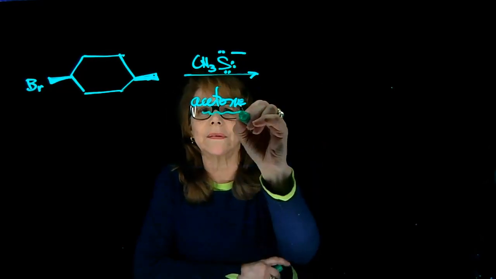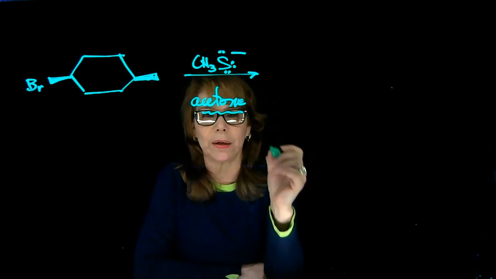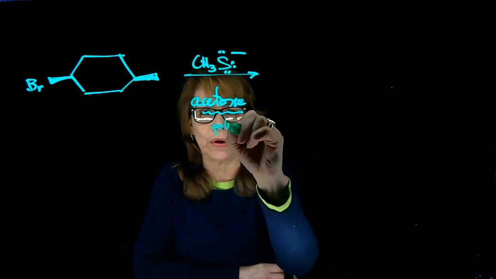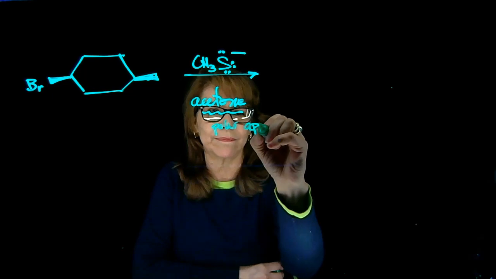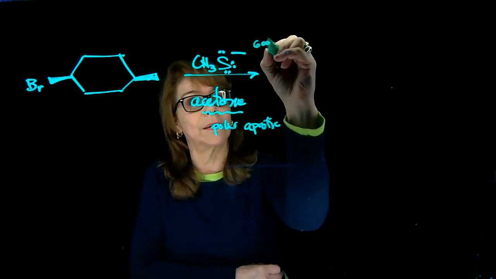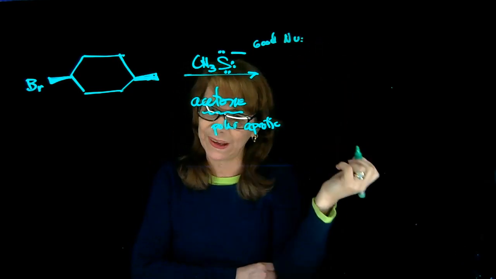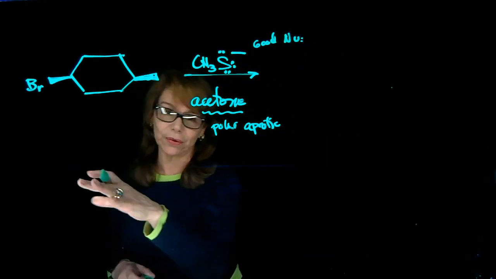Also, we see here acetone, that is polar aprotic. So let's write that down, polar aprotic. And here, this is a good nucleophile but a poor base. So now we get to the substrate.